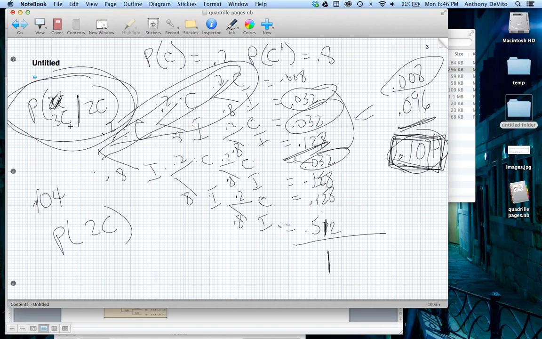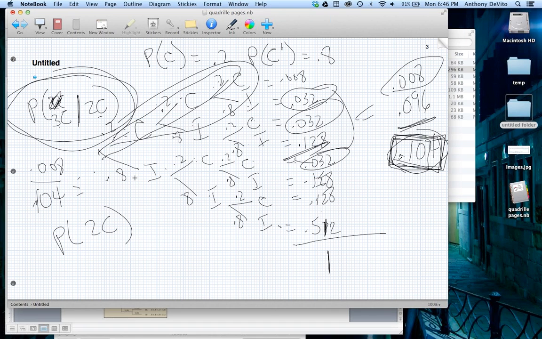So given that we know he got at least 2 right, what's the probability that he got 3 right? Well, it's going to be 0.008 divided by 0.104. And what does that come out to?